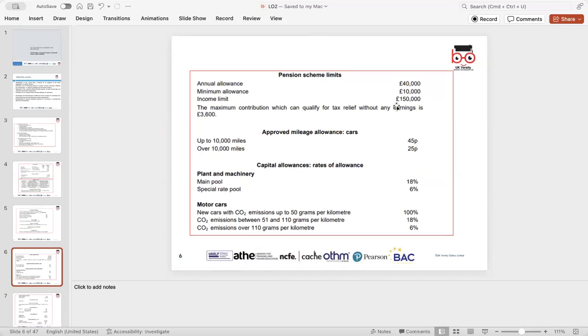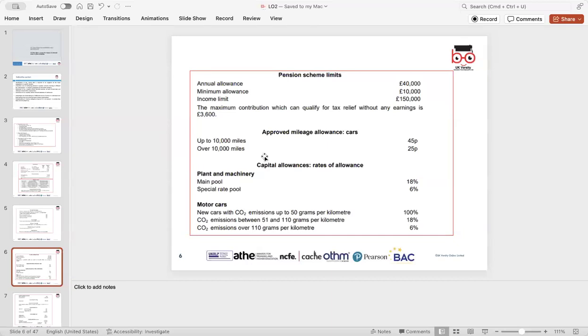It is important to note there is a maximum contribution limit for tax relief if you have no earnings. In this case, the maximum contribution that qualifies for tax relief is £3,600.